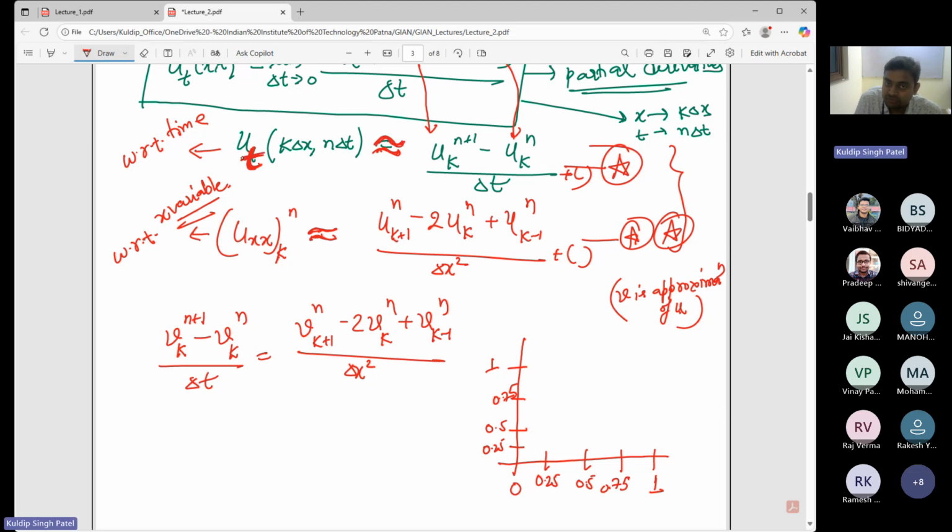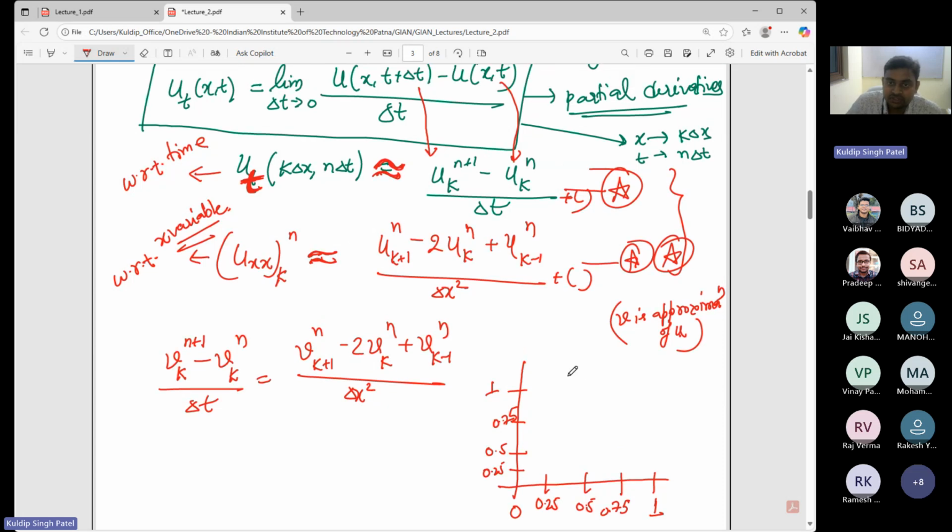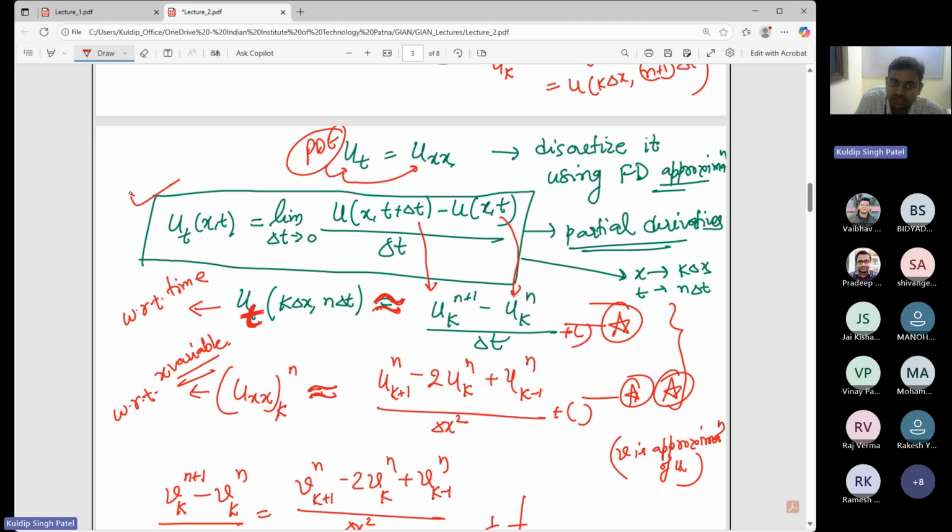Once you take it as a discrete variable, it is different from the continuous one. The continuous definition is u_t equals u(x, t plus delta t) minus u(x, t) upon delta t. But once you take its discrete approximation, it is better to take a new variable.